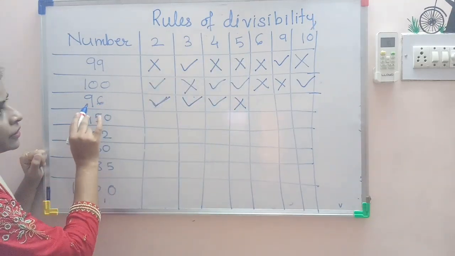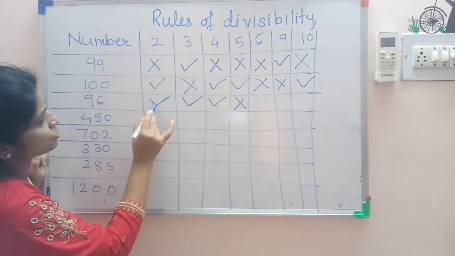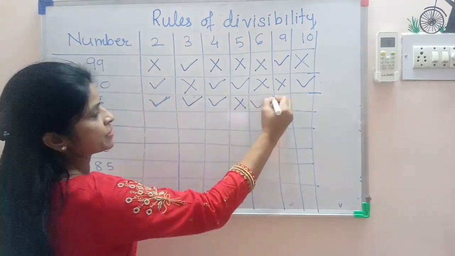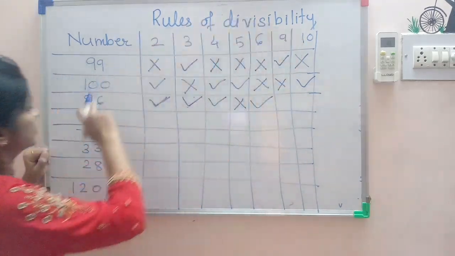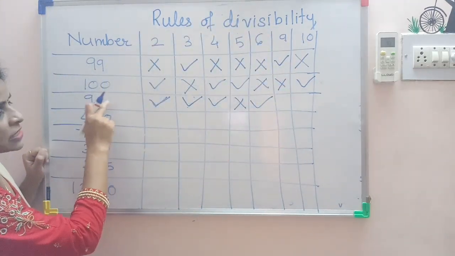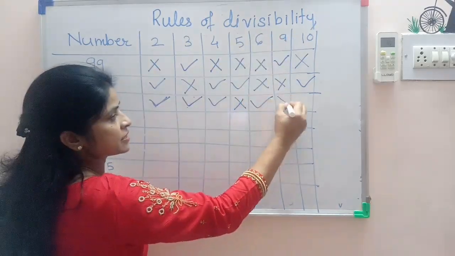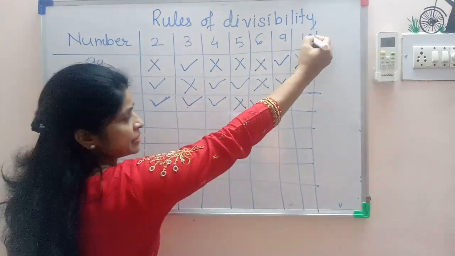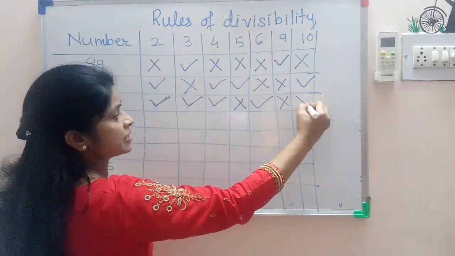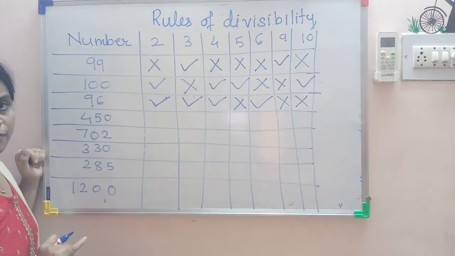Divisibility rule of 6: here it is divisible by 2 and 3, so the given number is divisible by 6. Now 9 plus 6 is 15, and 15 is not divisible by 9, so 96 is not divisible by 9. In the divisibility by 10, the given number does not end in 0, so 96 is not divisible by 10.